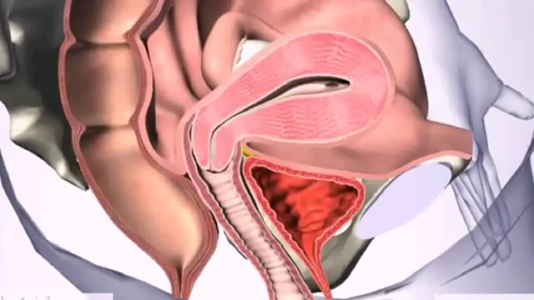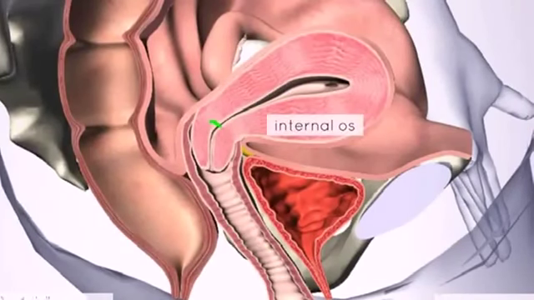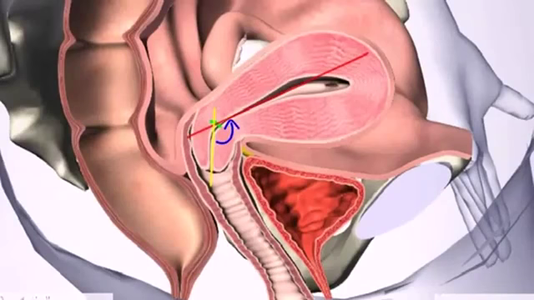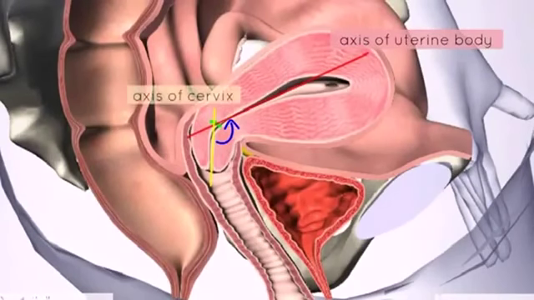So at the level of the internal os, you can see that the body of the uterus is angled forward at an angle of around 130 degrees. So the axis of the uterine body lies at a 125 degree angle to the axis of the cervix, and this degree of angulation is called anteflexion.